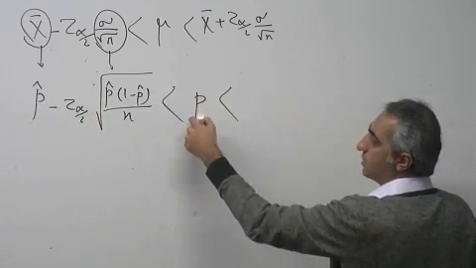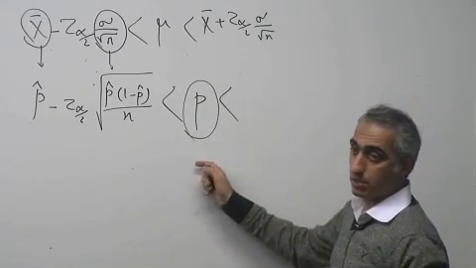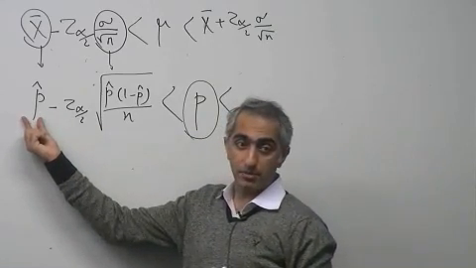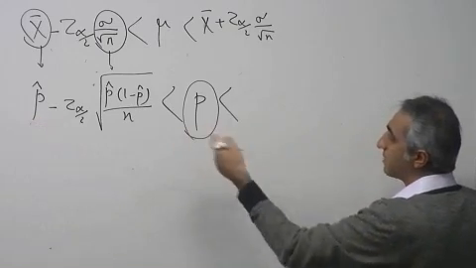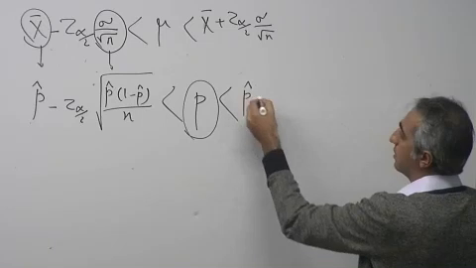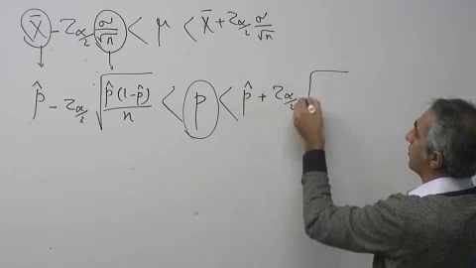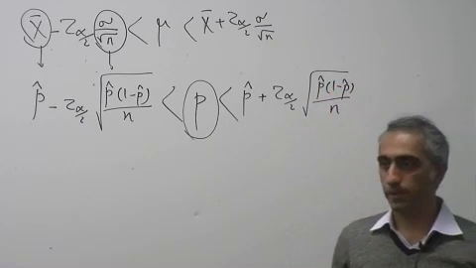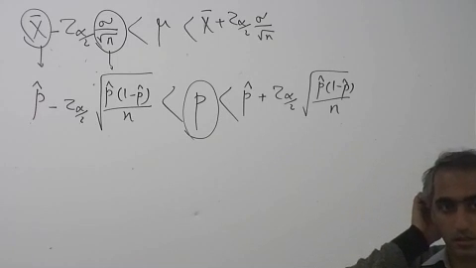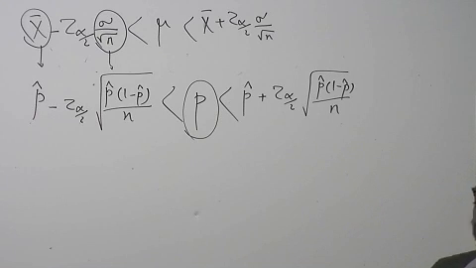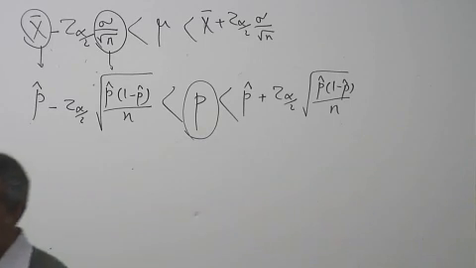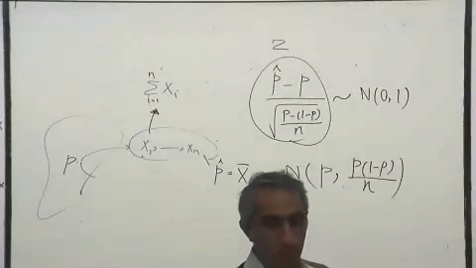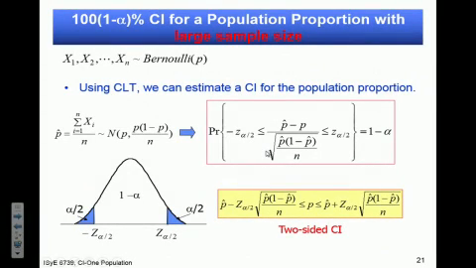And this is for p. This is population percentage. This is random sample percentage. P hat is from a random sample. This is for the population. And then this would be for the upper bound. Okay? Any questions? Is it clear? So I'm using basically the same confidence interval that I use for the mean of a normal distribution. Remember that? Any questions?